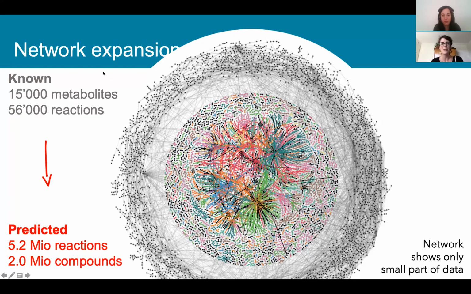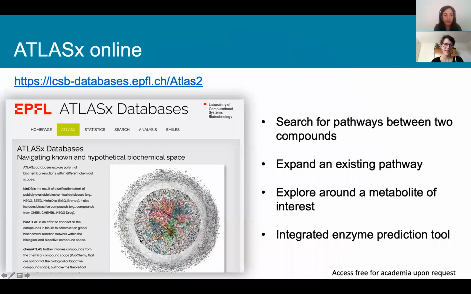So compared to what is currently available in metabolic databases, this is a lot. And then we thought that this would be a very helpful resource. So we created also an online platform, which is available at this URL here.